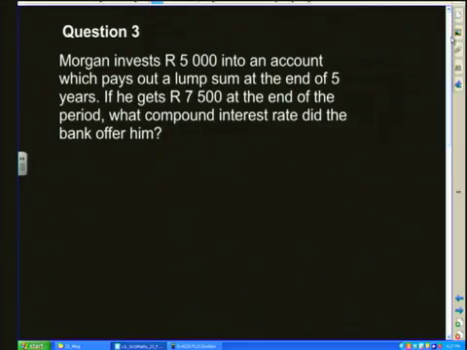Here we're told that Morgan invests, and we're going to do the same thing as we did before, guys. We're going to list the values for A, I, P, and N, and let's have a look at what they're looking for. So Morgan invests 5,000 Rand, so therefore P is equal to 5,000, into an account which pays out a lump sum at the end of 5 years.